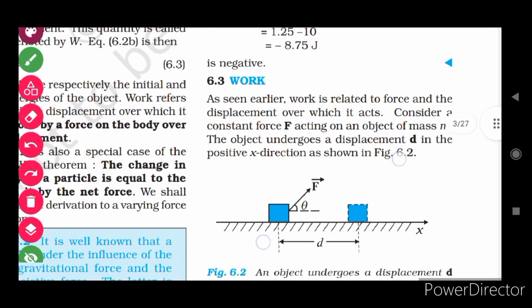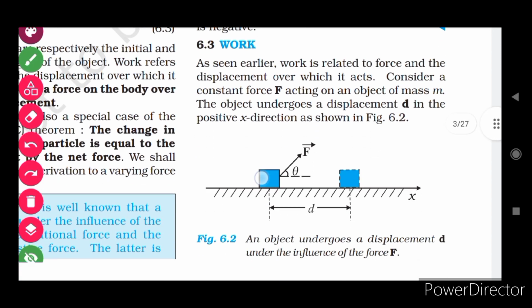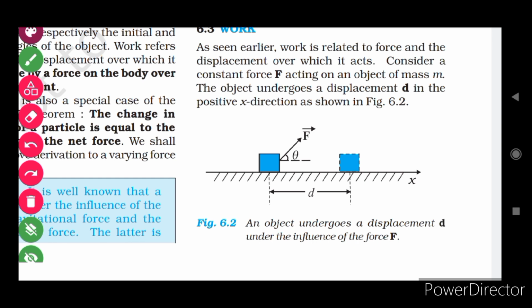Now, as seen earlier, work is related to force and the displacement over which it acts. Consider a constant force F acting on an object of mass m. The object undergoes displacement in the positive x direction. So there is an object here, and we apply a constant force.